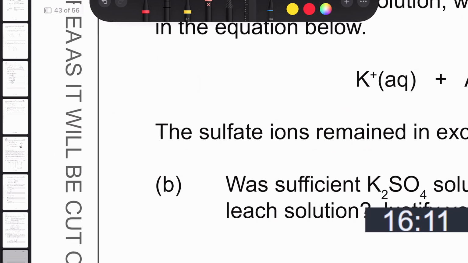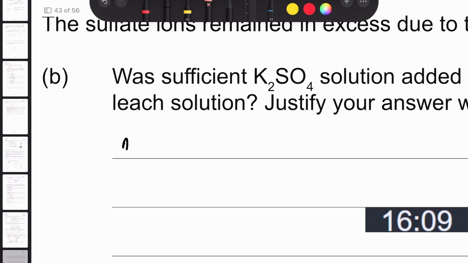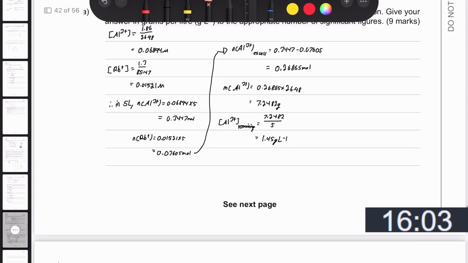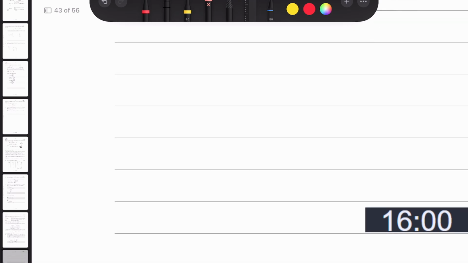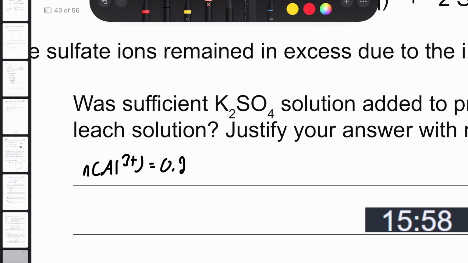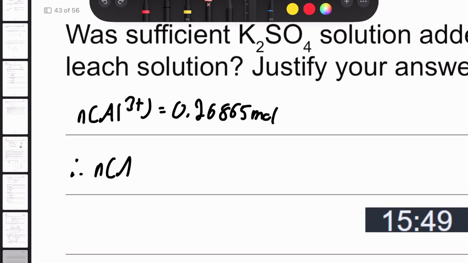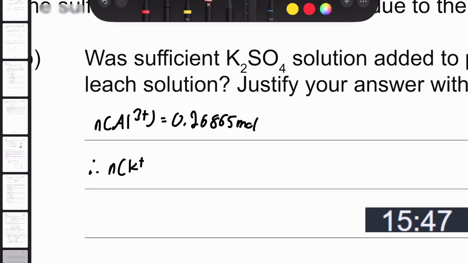So the number of moles of Al3 plus is equal to 0.26865 moles. The number of moles of K plus required is equal to 0.26865 moles.